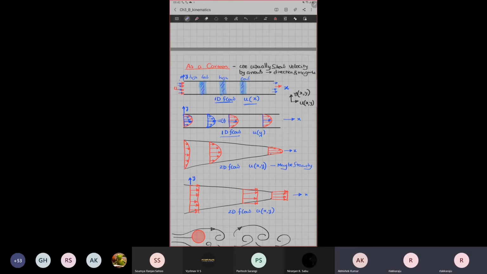Now let us look at some other example. Maybe you have something like a converging chamber, more like your mosquito needle or very sharp needle, where the cross-sectional area changes.